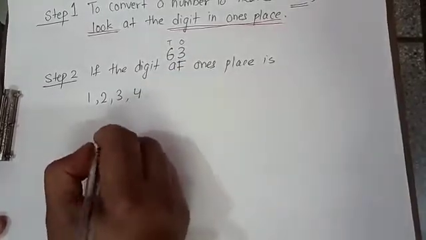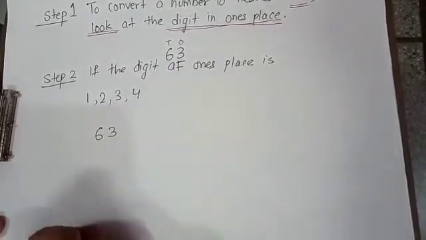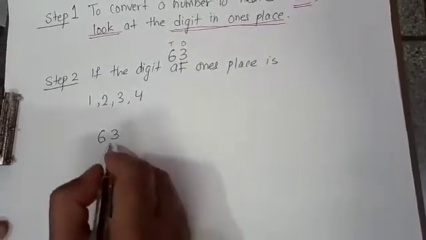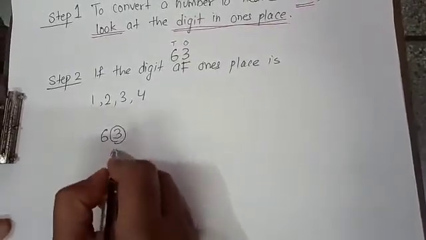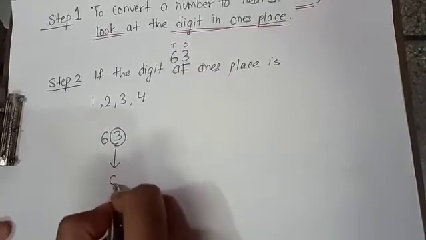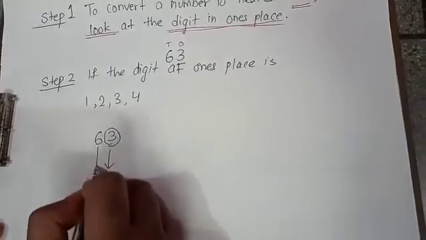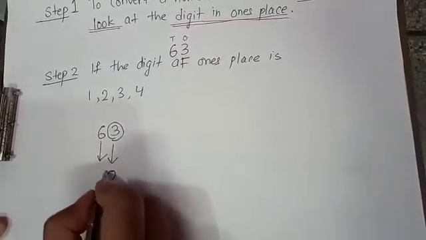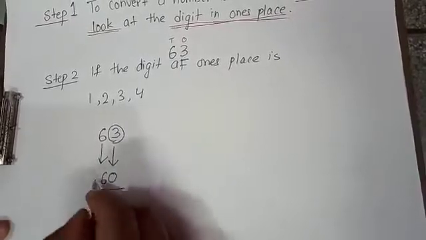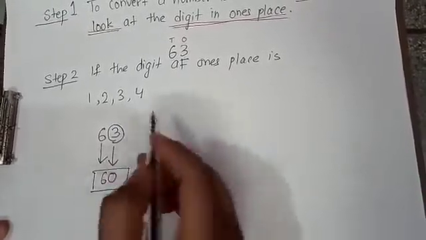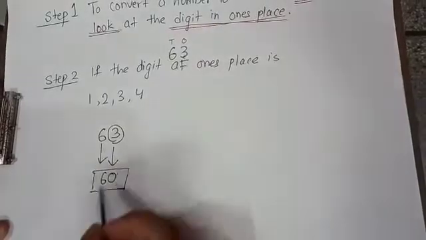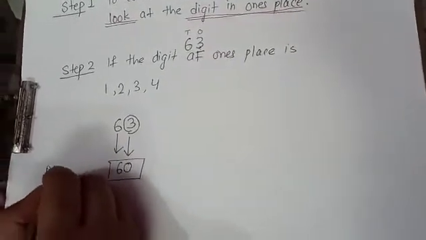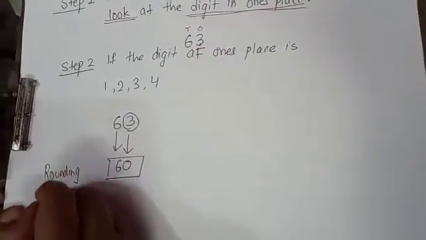Let's see how we will round down. This is 63. This means this last digit will become 0 and 6 will remain as such. That means the rounded off value will be less than this. That is, we say we are rounding down.